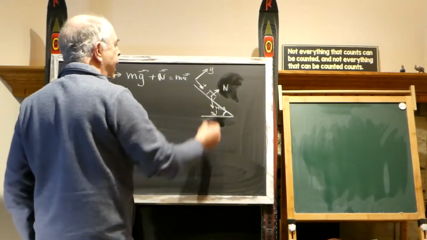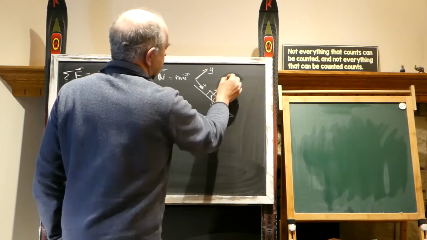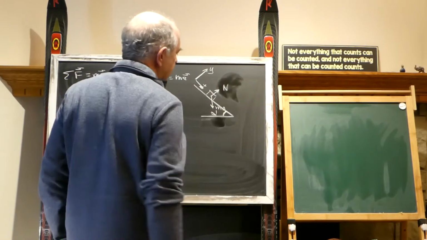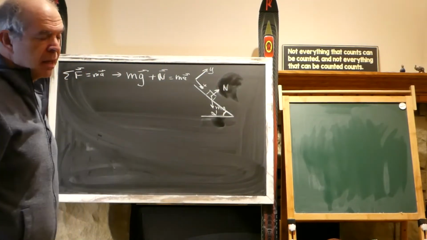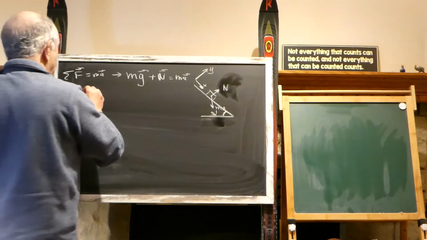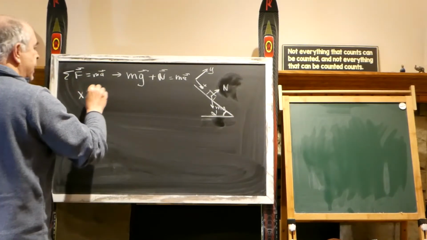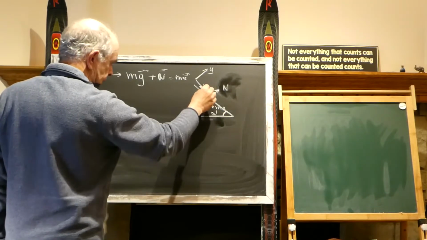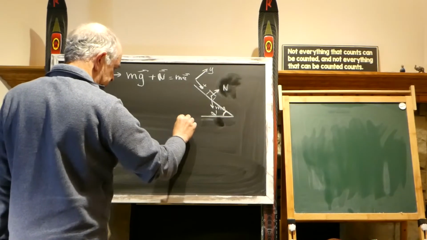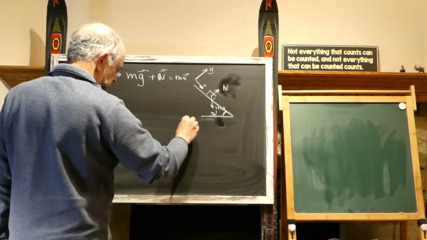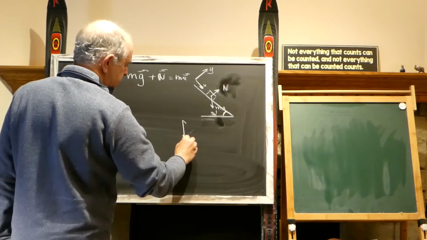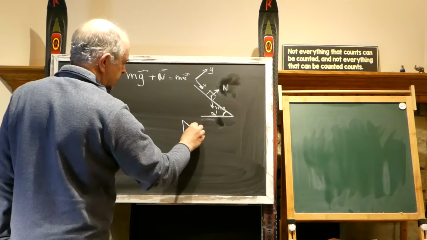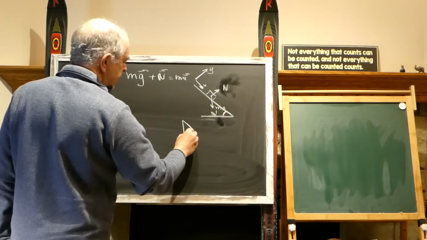But right now y and x, y directed perpendicular, x along the surface, makes sense. So projection on x, mg projects on x. So we have to draw a triangle. We have to make a projection. This is mg vertical, and this projects here, and this angle is alpha.